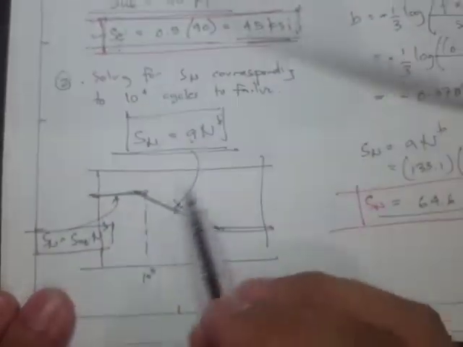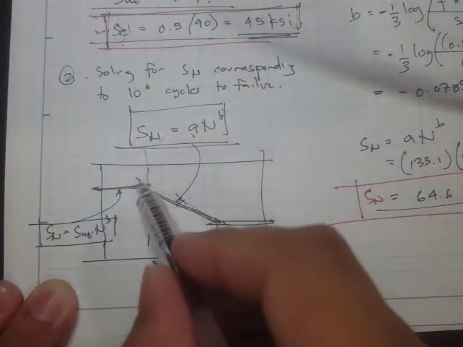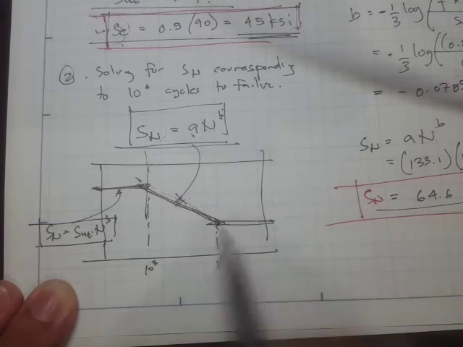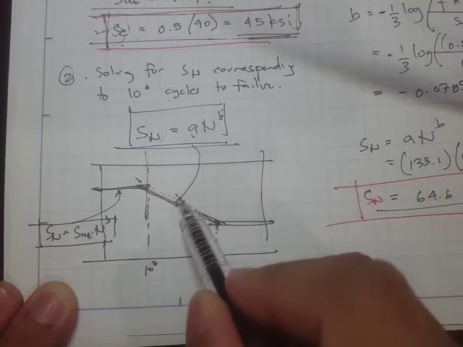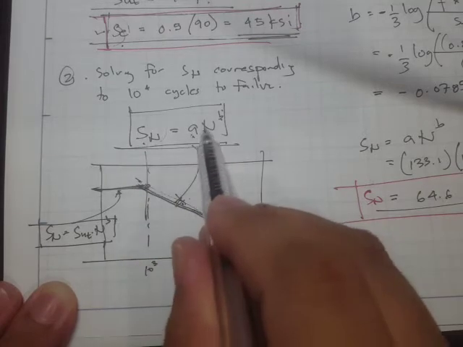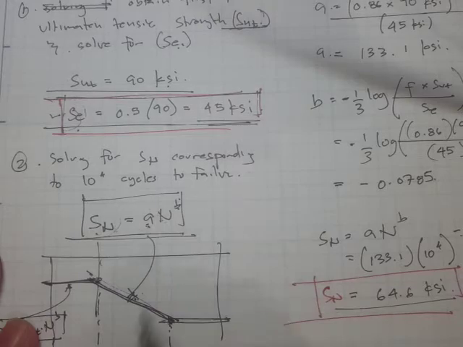So for letter B, we are in this region. We are in this high cycle region, actually from this point to this point, and the equation that we'll use is this one: Sn is equal to A times N to the B. Now we are going to solve for A and B because this N is given, right? 10 to the 4th.